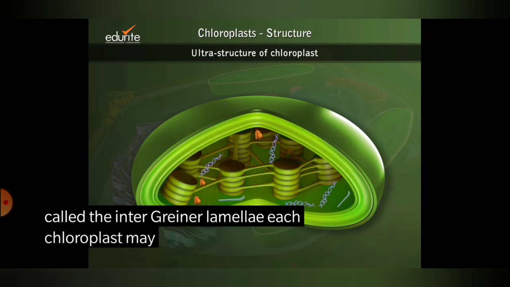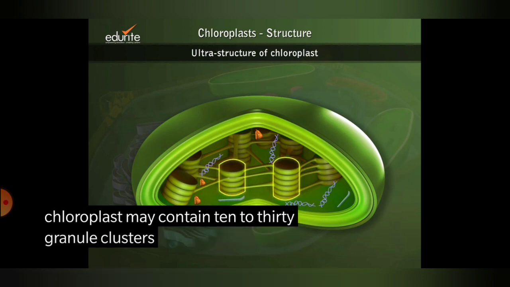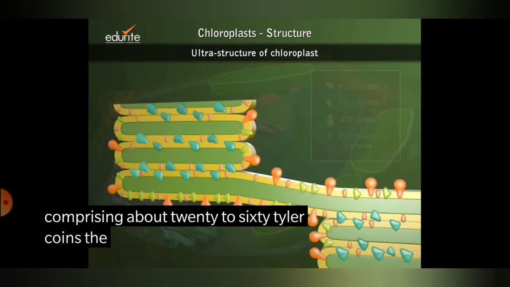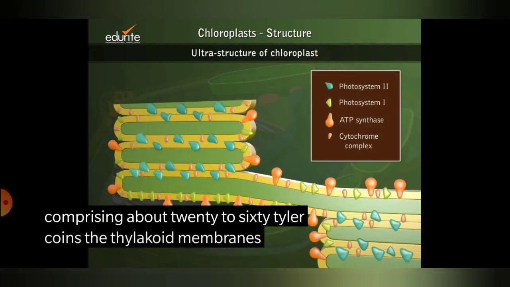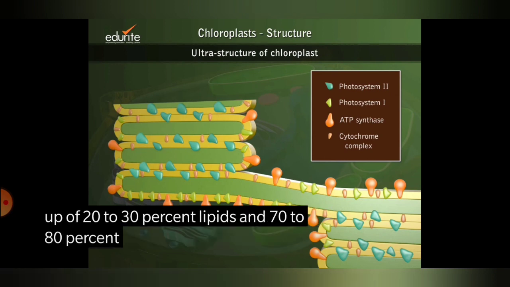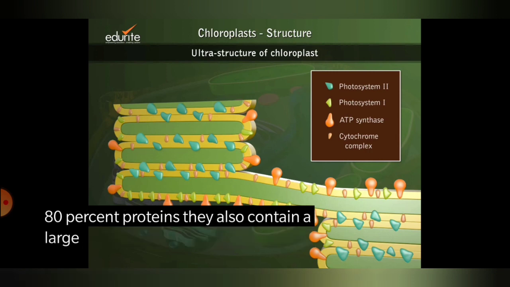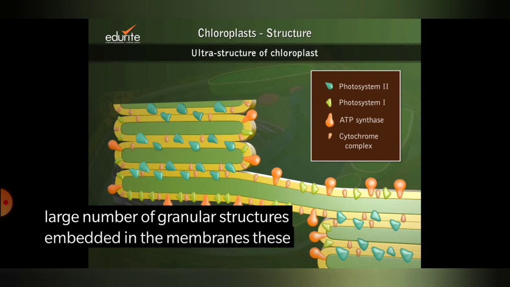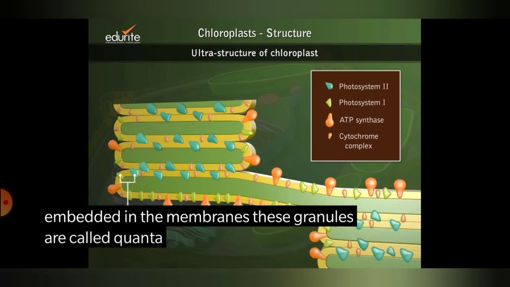Each chloroplast may contain 10 to 30 granal clusters with a single granum comprising about 20 to 60 thylakoids. The thylakoid membranes are made up of 20 to 30% lipids and 70 to 80% proteins. They also contain a large number of granular structures embedded in the membranes. These granules are called quantasomes.